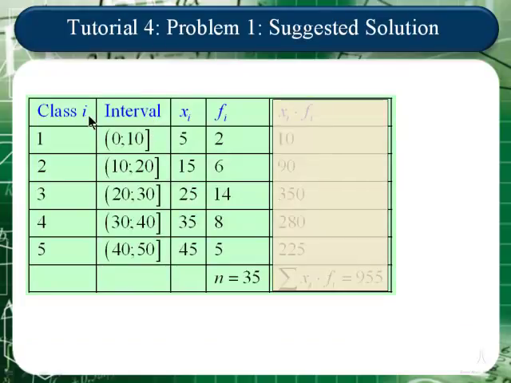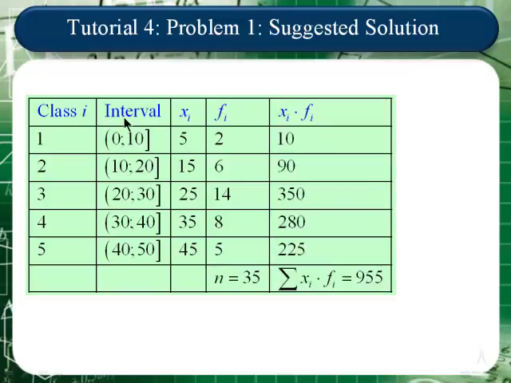Let us focus on a suggested solution to problem 1 of tutorial 4. You are given this particular table, and it was expected of you to estimate the mean for this group data. So we add an extra column in which we calculate the product of the class mark and the frequency of the class. So 5 times 2, 15 times 6, 25 times 14, 35 times 8, and 45 times 5.